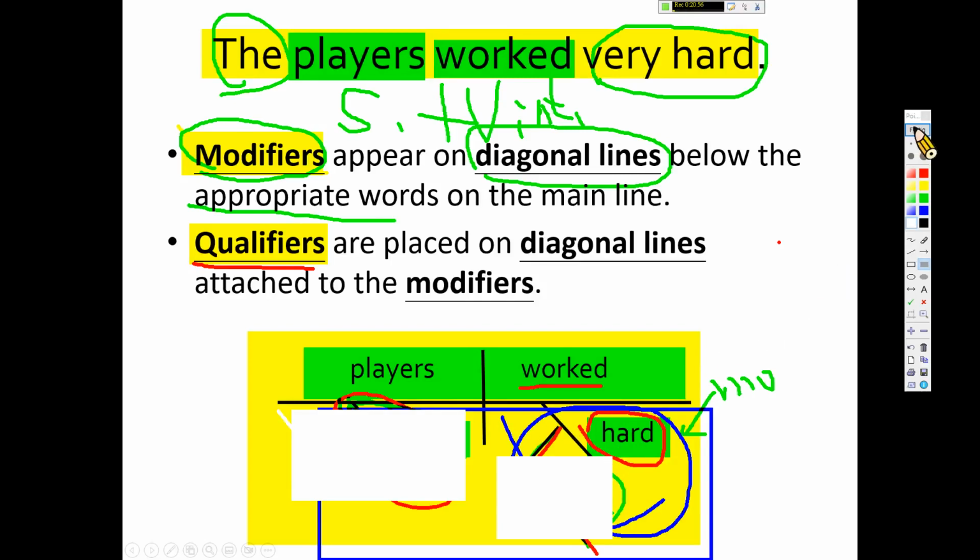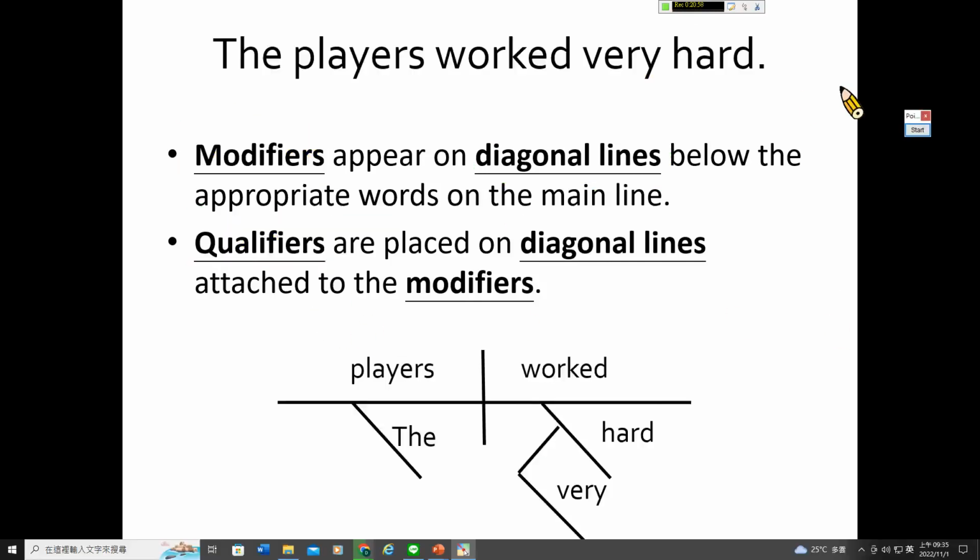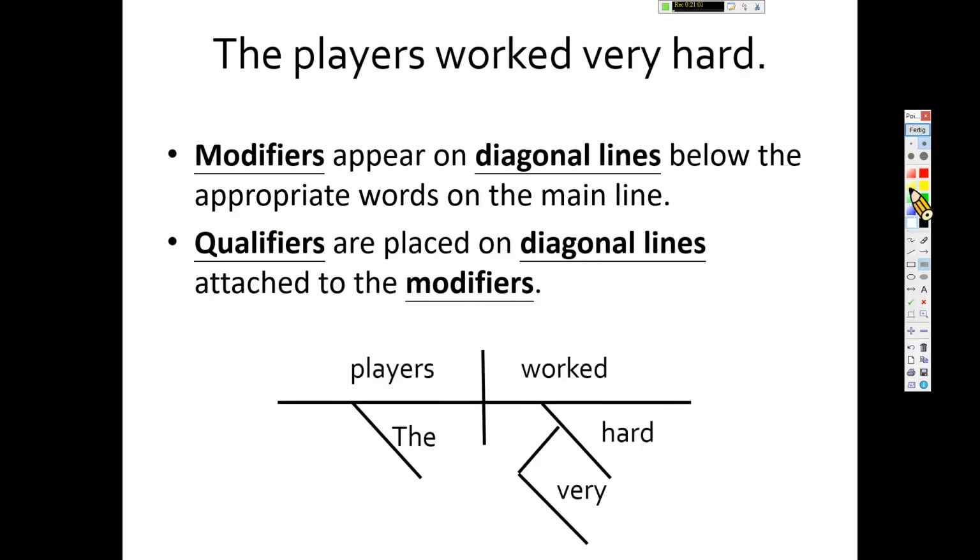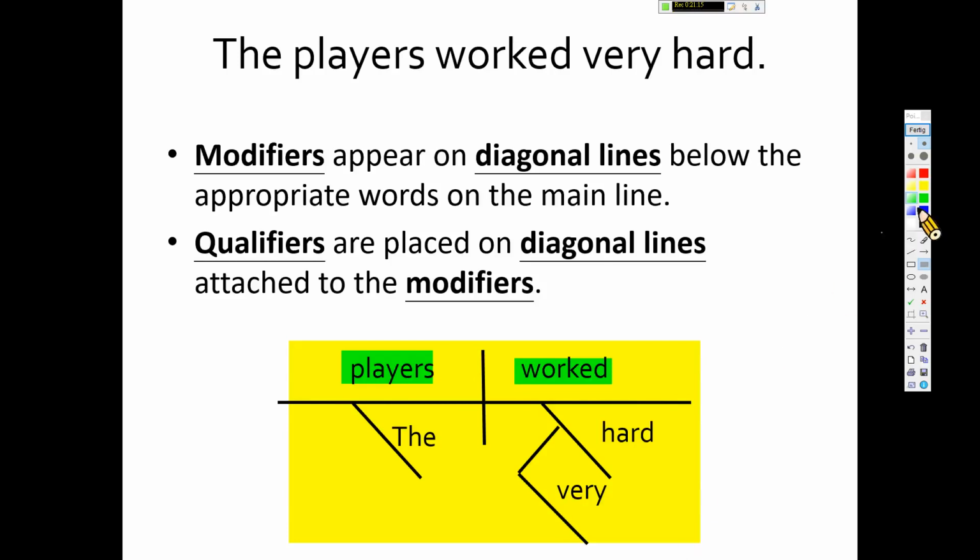So this is the beauty of learning sentence diagramming. We will know which words are more important. If we count the ranking order of importance, I would say the most important words are these two. And then it is these two.